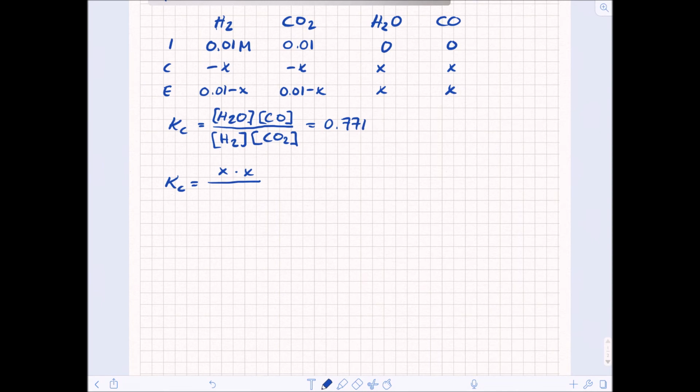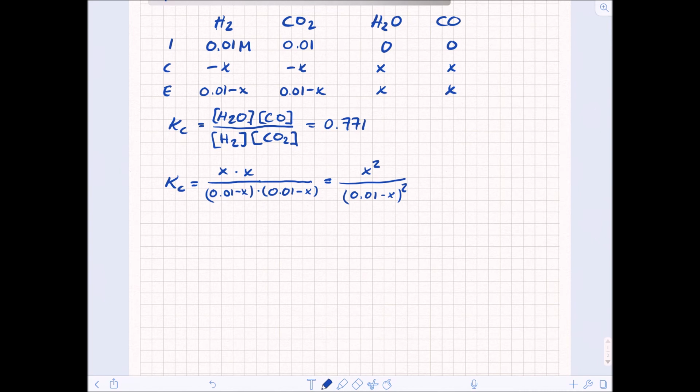And here we'll have 0.01 minus x multiplied by 0.01 minus x, like this. And we simplify this a little bit. This is x squared, and 0.01 minus x squared as well.